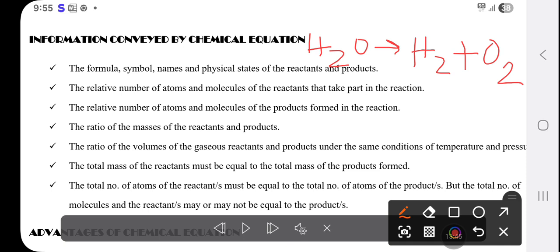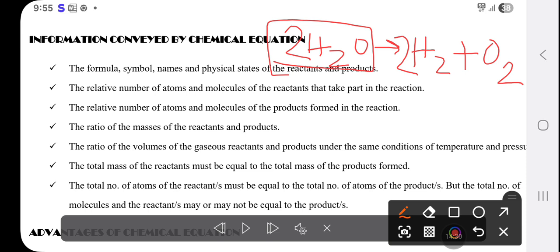If we balance the equation, which will be discussed later in the next session, after balancing we get 2H2O gives out 2H2 plus O2. That means 2 molecules of water when decomposed give out 2 molecules of hydrogen gas and 1 molecule of oxygen gas. Here the number of molecules in the reactants can be known.